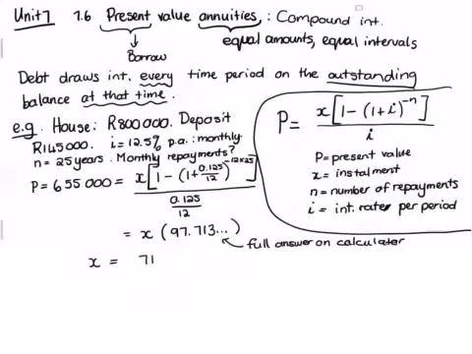And I would get this, which I would round to 2 decimals correctly. I would put in my currency, and this is how much I have to pay per month for 25 years in order to repay that borrowed amount for the house.